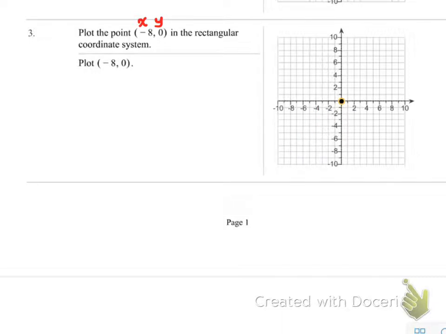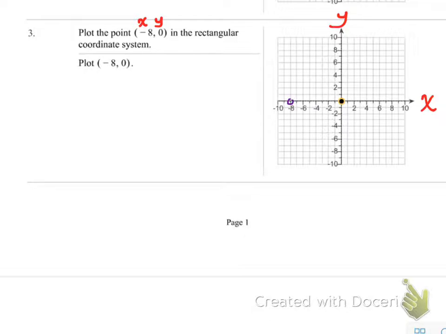And I'm going to move to the left 8 units on the x-axis. And as a review, this is the x-axis, this is the y-axis. So if I move 8 units to the left on the x-axis, that's going to take me to here.